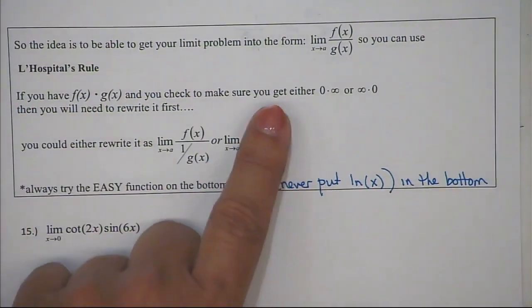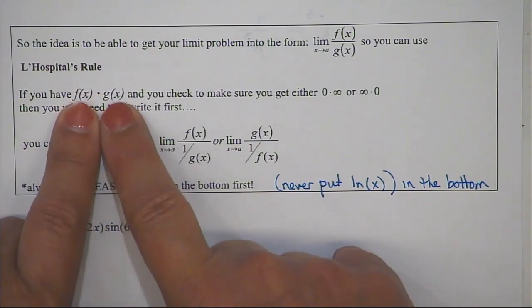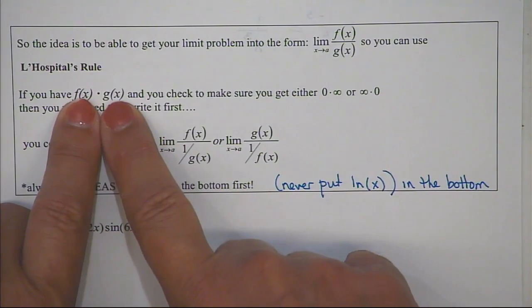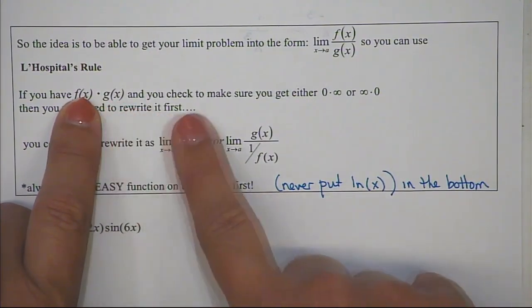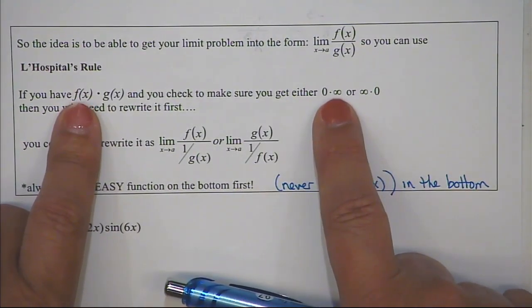So if I have a product, then you're not going to check for 0 times 0. Okay. Remember, you checked for the indeterminate form 0 over 0. So if it's a product, you want to check for 0 times infinity, okay?